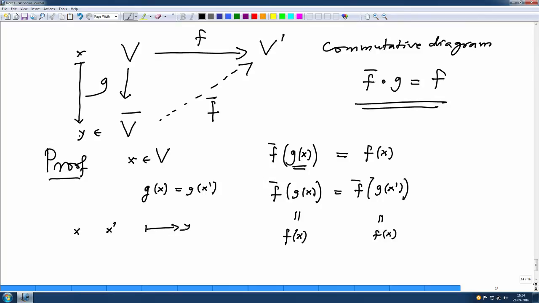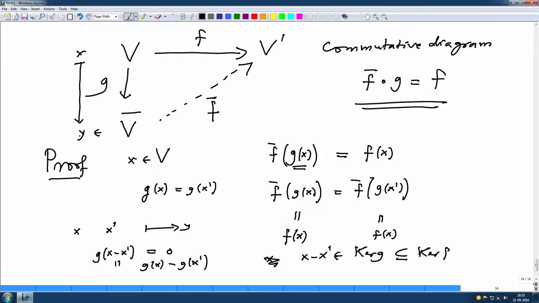So, that means g of x minus x prime is 0, because this is gx minus gx prime and both are y. So, this means x minus x prime belongs to kernel of g, and kernel of g is contained in kernel of f, that is the given condition. So, when this happens, the f's should be equal, and once the f's are equal, this is well defined.